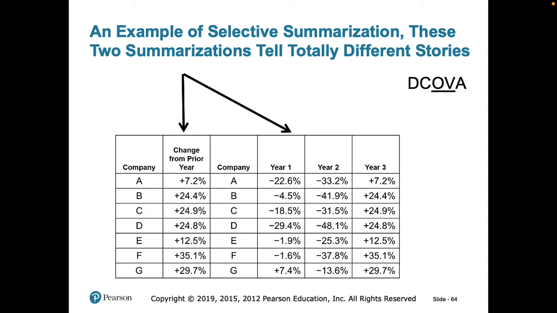When you look at Company F, it looks really good at 35.1% from last year, but you're ignoring that in year 2, it was negative 37.8%. So this is an example where you do not present data that is important for an investor. You're trying to get people to invest in these companies, and then you are not presenting the data from year one and year two because it affects your interest.